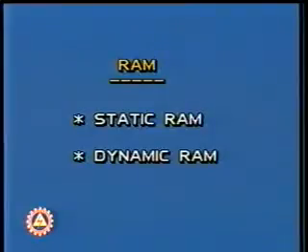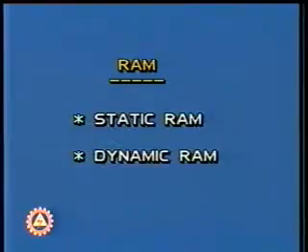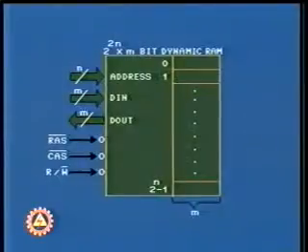In contrast, a dynamic RAM is a read-write memory in which data are stored as electric charge on capacitors, which require periodic refreshing to retain data bits. Each bit cell must be refreshed approximately at an interval of 2 milliseconds.